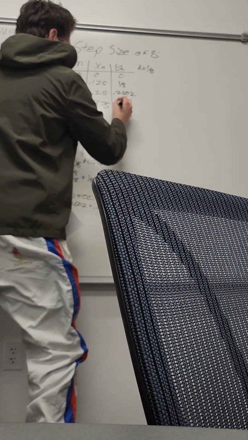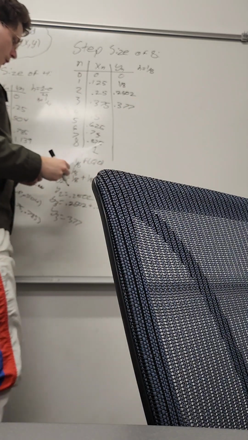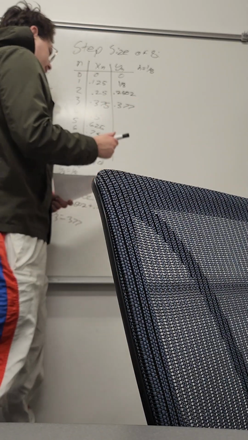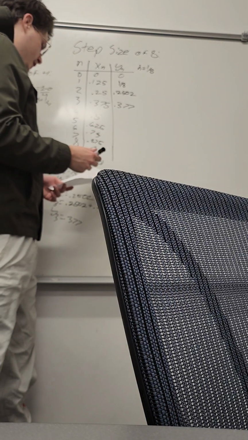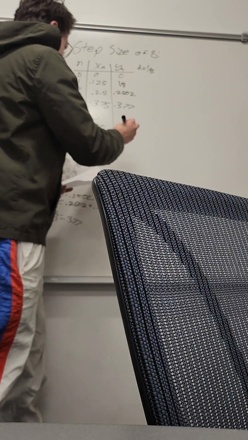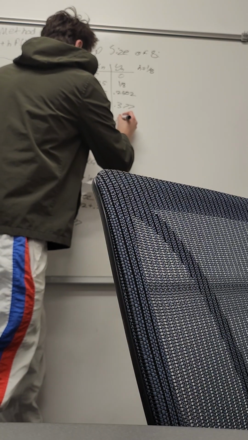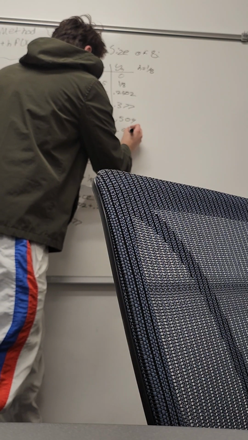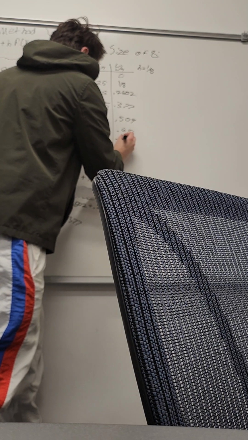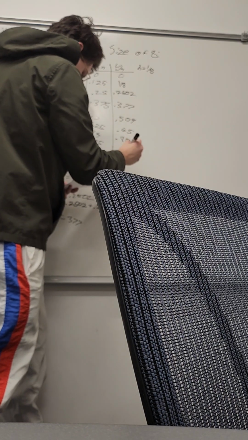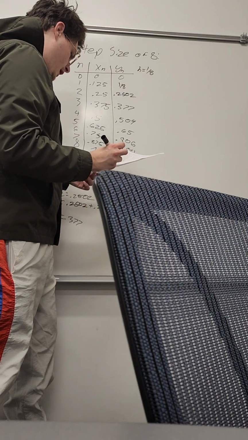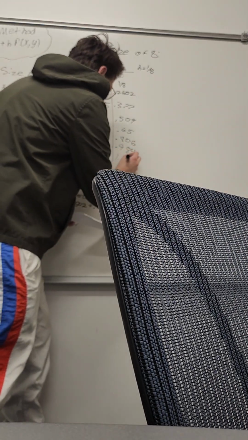All right. Well, I'm just going to go ahead and write out the next values. You can verify these on the calculator if you want. But continuing this sequence, we get next 0.509, and we get 0.65, and then we get 0.806, and we get 0.984, and then finally we get 1.19.